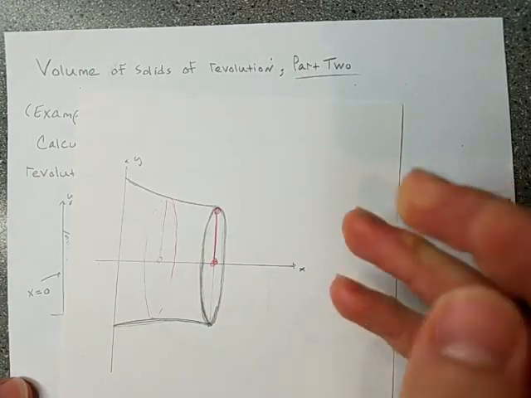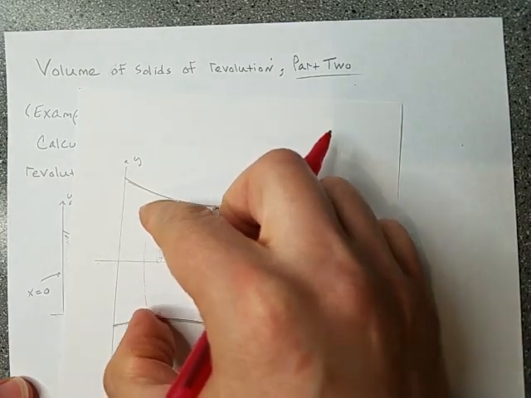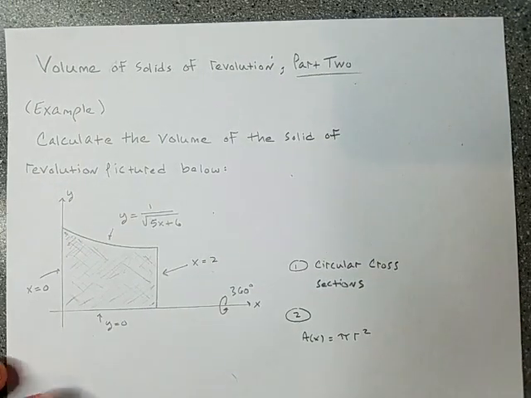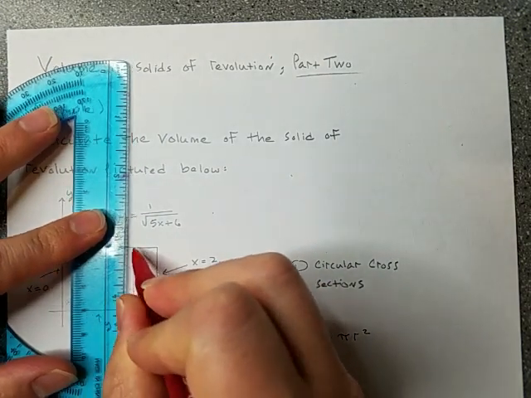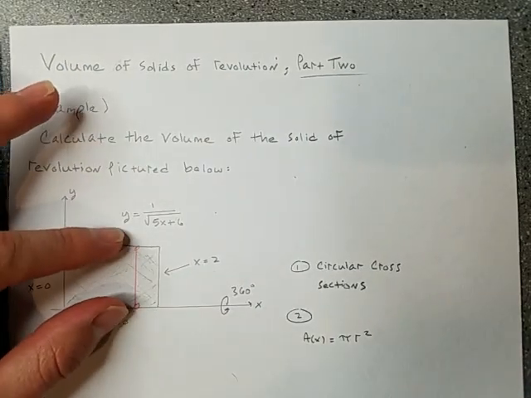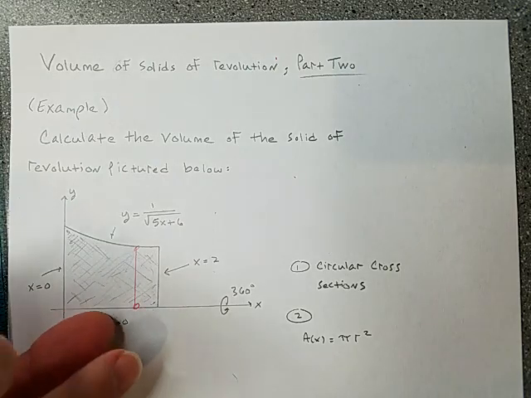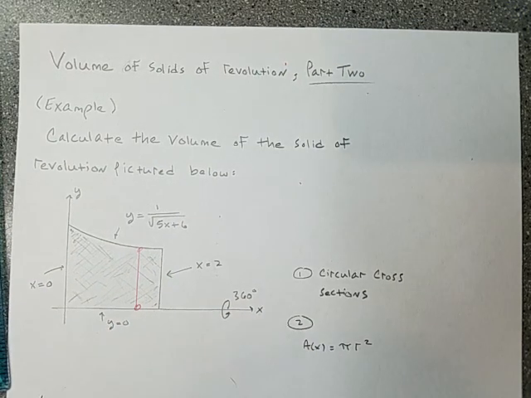How do you tell me what size the slice or cross section is going to be? Well, let's go back to the original picture. This measurement right here, from here to there, determines the radius of the circular cross section that's going to result from rotation. Okay?